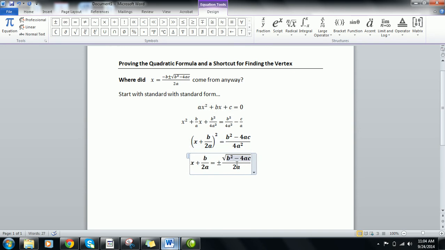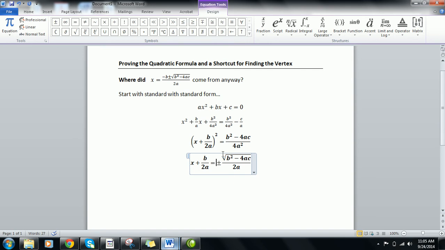Right? And so now I'm ready to subtract that b over 2a term from both sides. When I subtract b over 2a, this already has a denominator of 2a, so I can just put that negative b right out in front here.